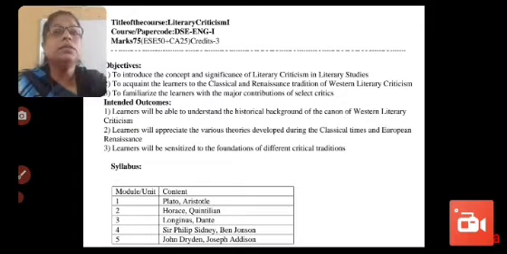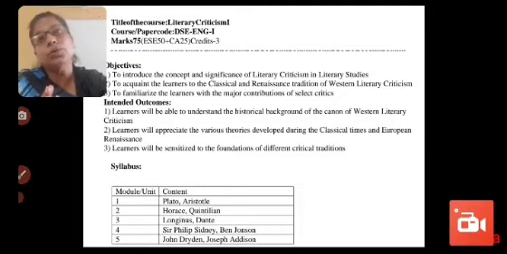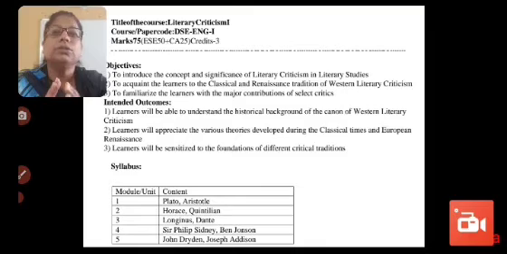So in search of patronage, these artists ran away, they went all over Europe, and wherever they went, they took with them their knowledge, their art, their literature, and many things.